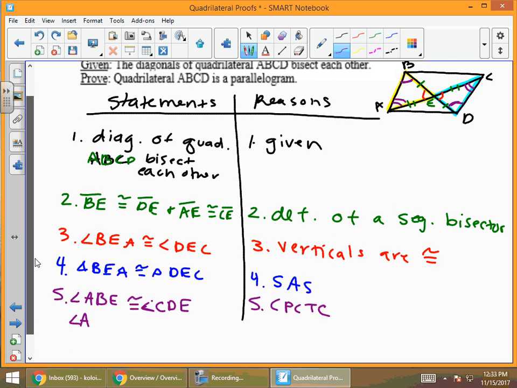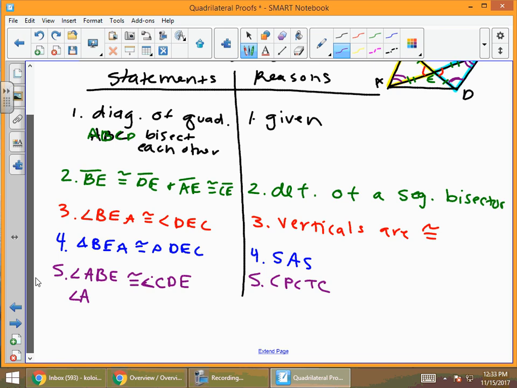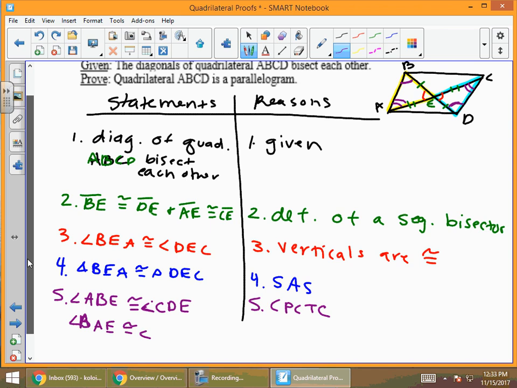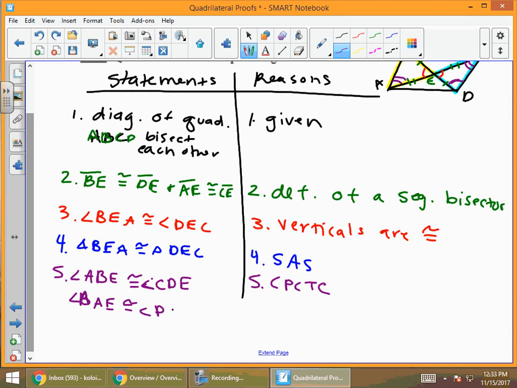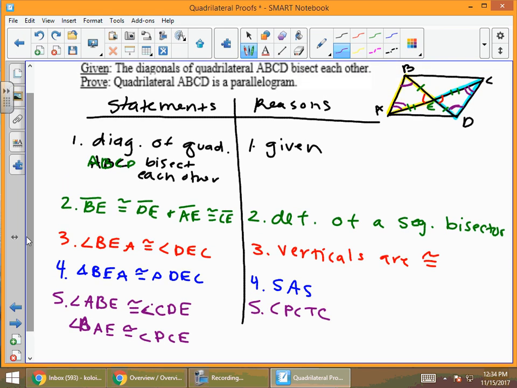Well, by proving that these triangles are congruent, we know their parts are congruent, and those angles that we just stated are congruent happen to be alternate interior.